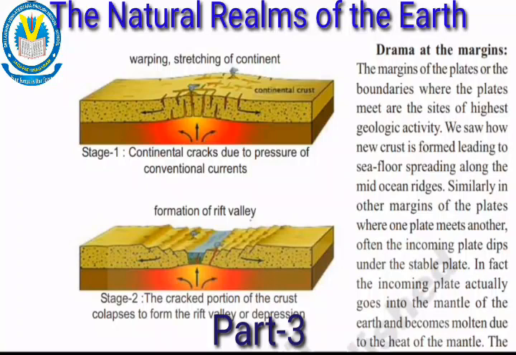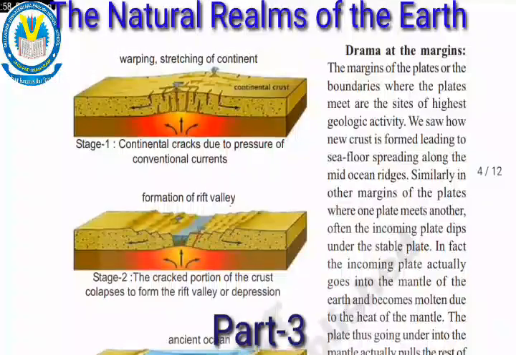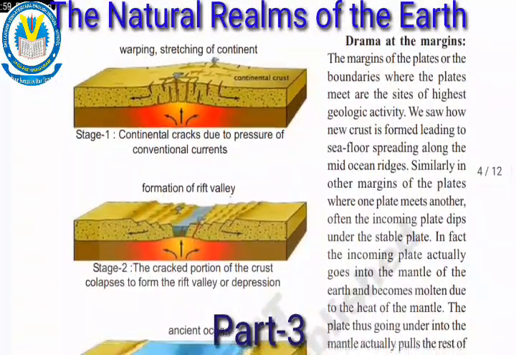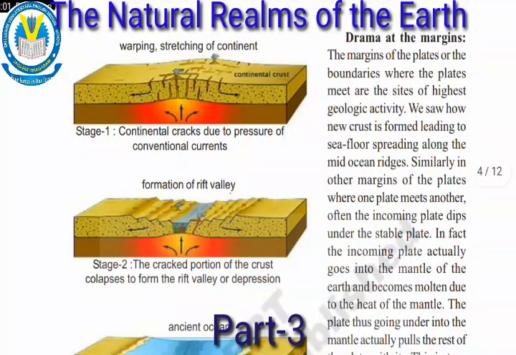heat of the mantle. So here we see that because of the margins of the plates, the boundaries of the plates meet at one side. So there, what happens? We have seen that there would be seafloor spreading.